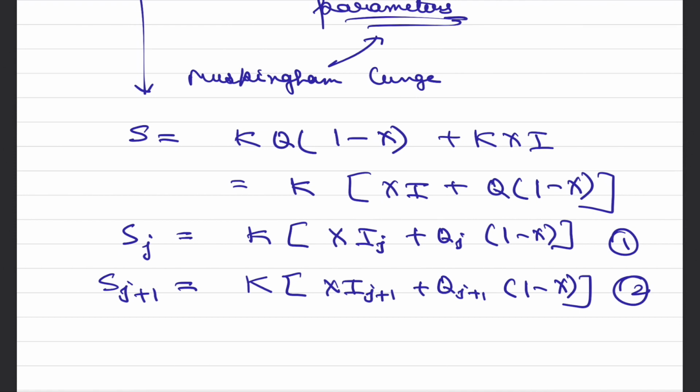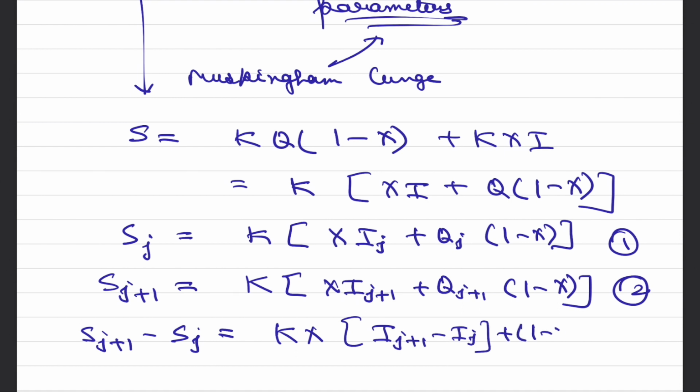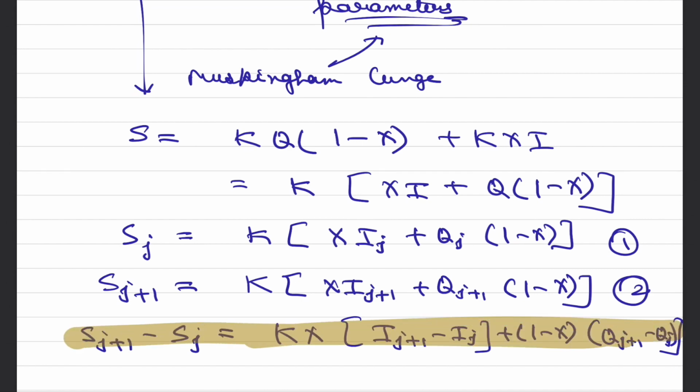So I have to determine change in storage. I can write Sj plus 1 minus Sj equal to Kx into Ij plus 1 minus Ij plus 1 minus X Qj plus 1 minus Qj. So this equation that I am highlighting here becomes our equation 3.